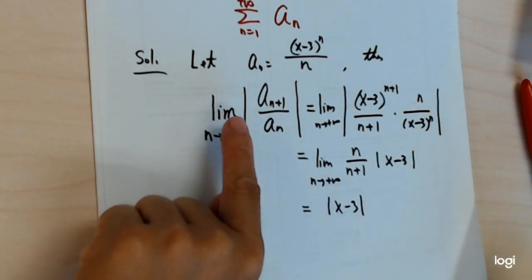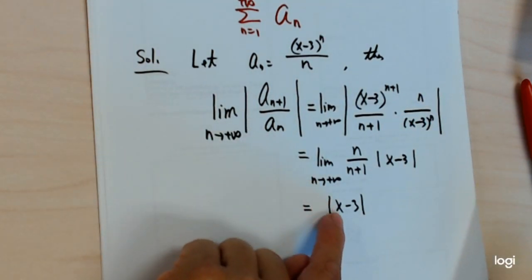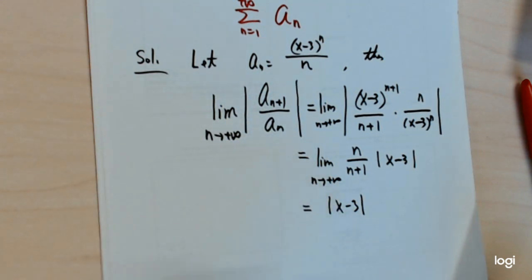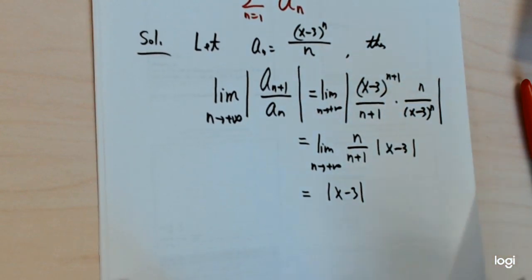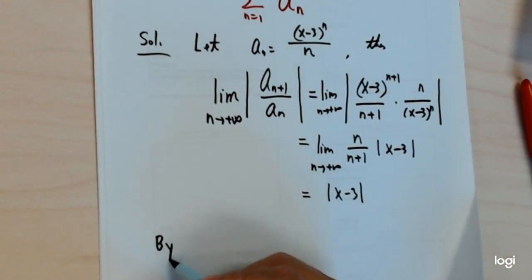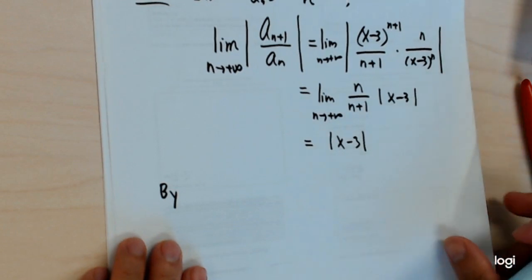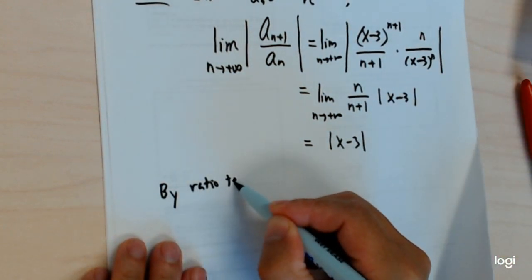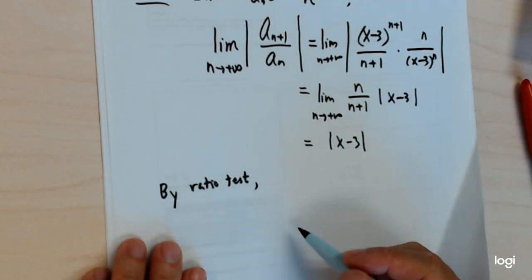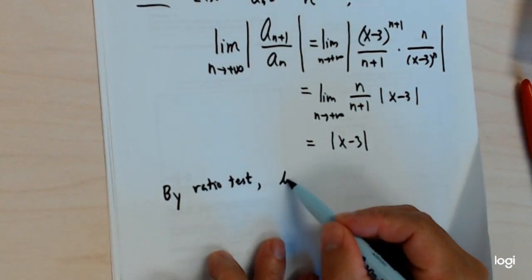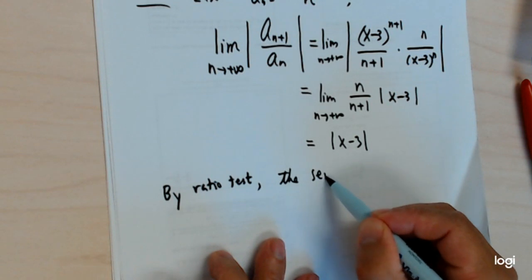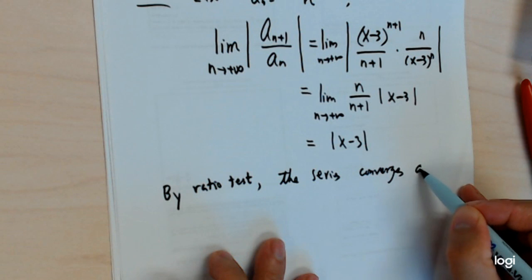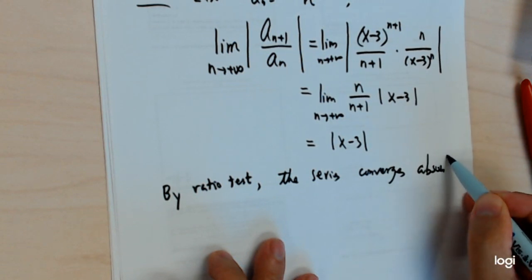In other words, the limit of this ratio depends on x. So now we can recall the ratio test. By the ratio test, the power series converges absolutely.